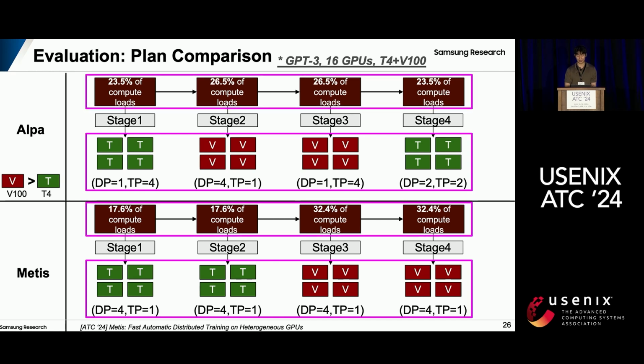The second difference is layer load balancing. In Metis, layers are distributed based on the relative computing power of stages, whereas Alpa balances layers based on the number of GPUs in each stage because of its homogeneous GPU abstraction. These two differences lead to the performance gap between Alpa and Metis.